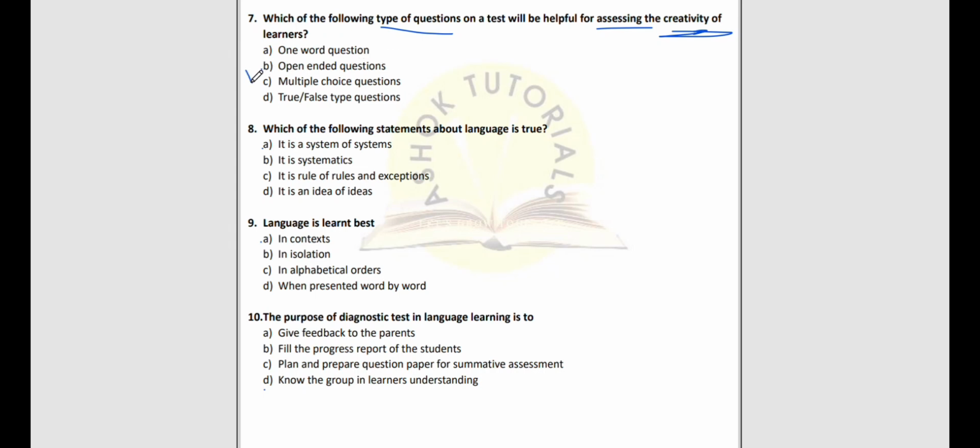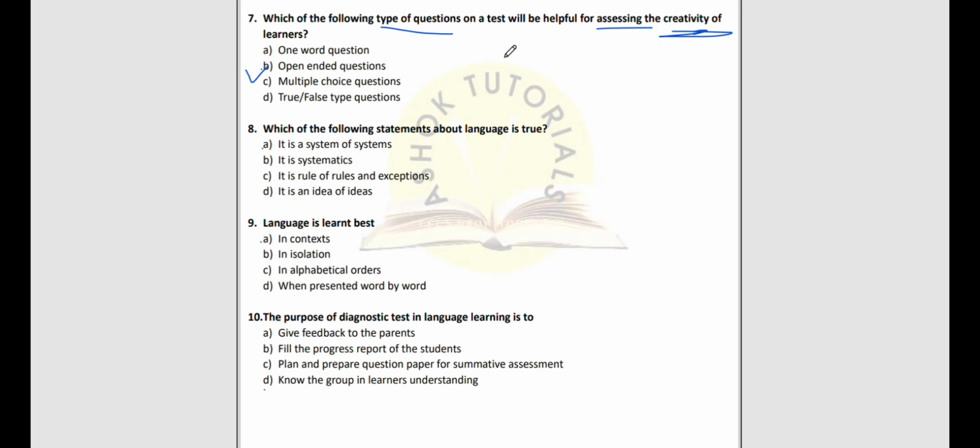The correct answer here is open-ended questions. Open-ended question means how, when, why, where we have to explain it.